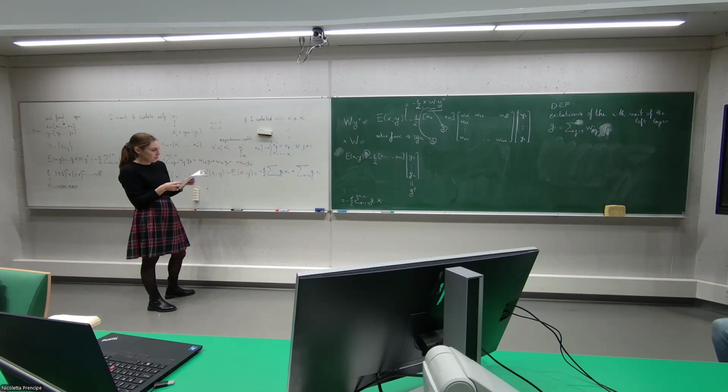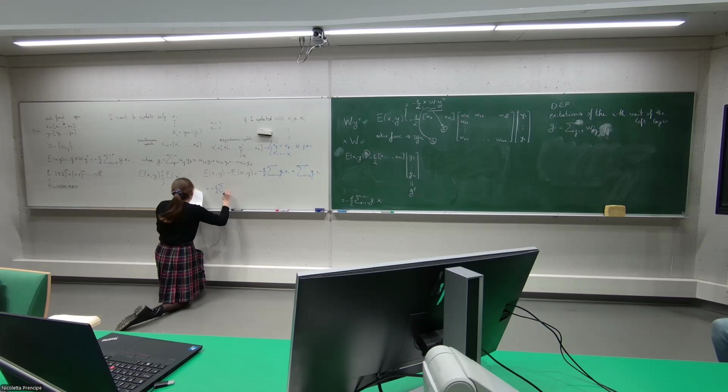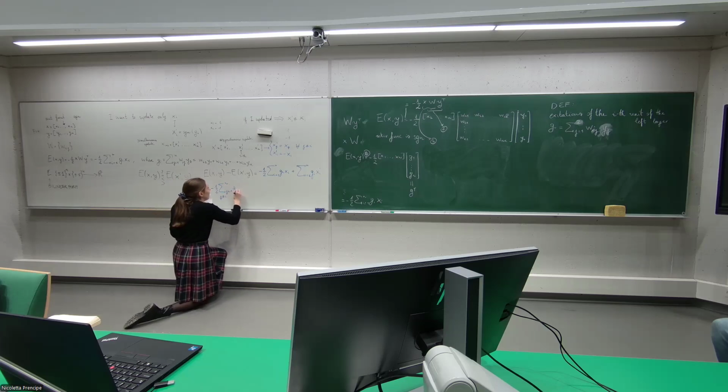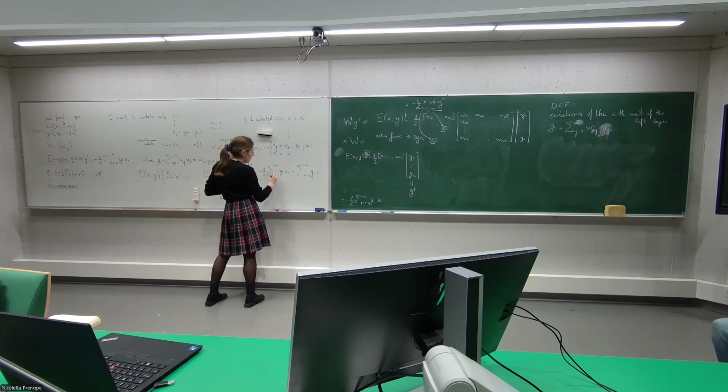Should I do this step? Yes, it's better. Sum of a_j that goes from 1 to n, but j is different from i, g_j x_j. I split the sums, I take out the 1.